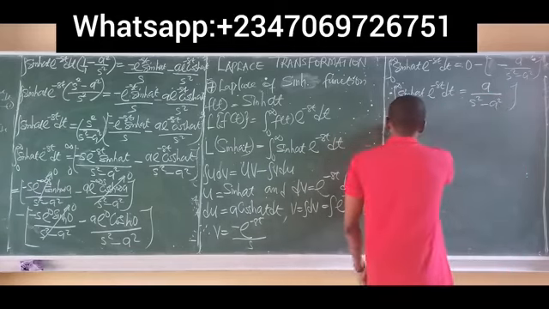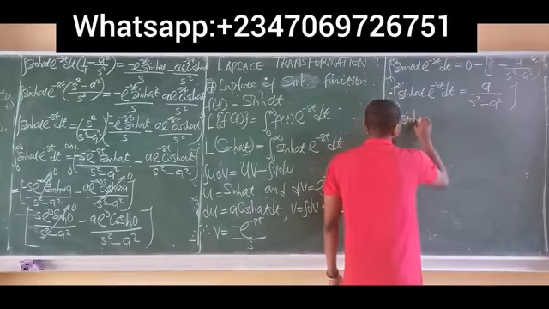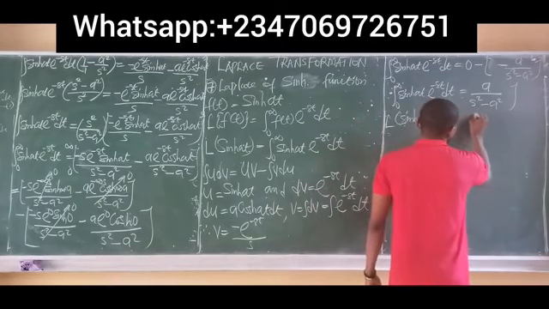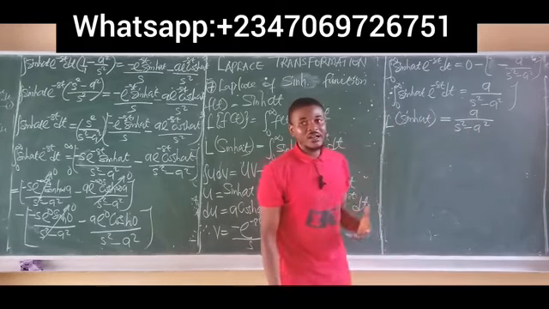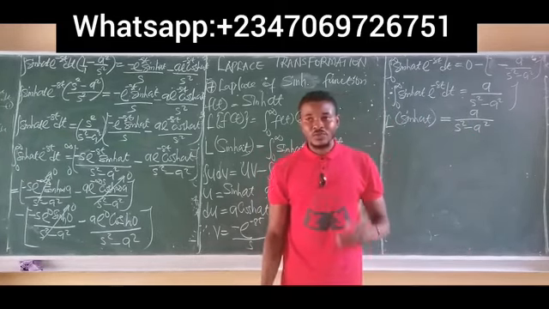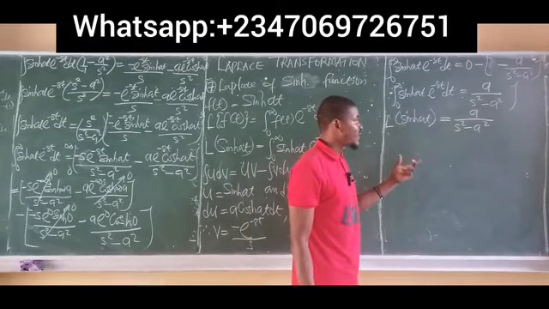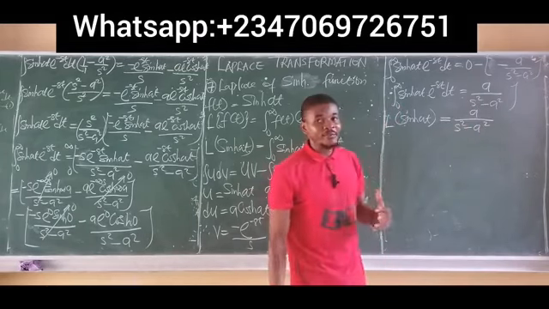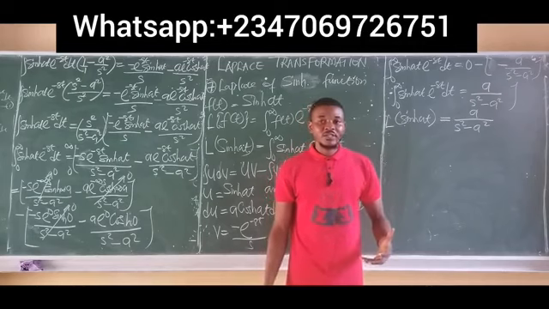Hence, the Laplace of the hyperbolic sine function, sinh at, is given as a all over s squared minus a squared. So this is the sixth entry of the table of standard values you need to know in Laplace transformation. The Laplace of a hyperbolic sine function is simply a all over s squared minus a squared, where a is the constant in front of the variable.